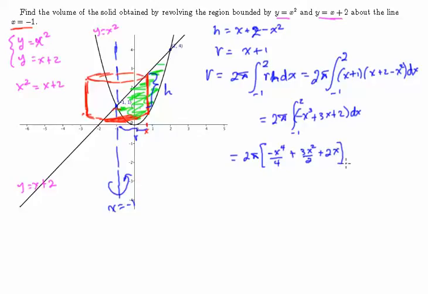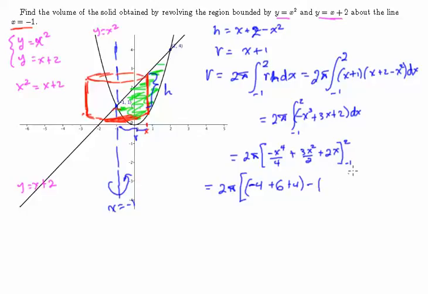Evaluate that from -1 to 2, and you plug in 2 for x. Let me see, I can make a big square bracket. You plug in 2, you get negative 2 to the fourth, which is 16, and 16 over 4 is -4. Plus 3 times 4 over 2, that gives us 6, and this is a 4.